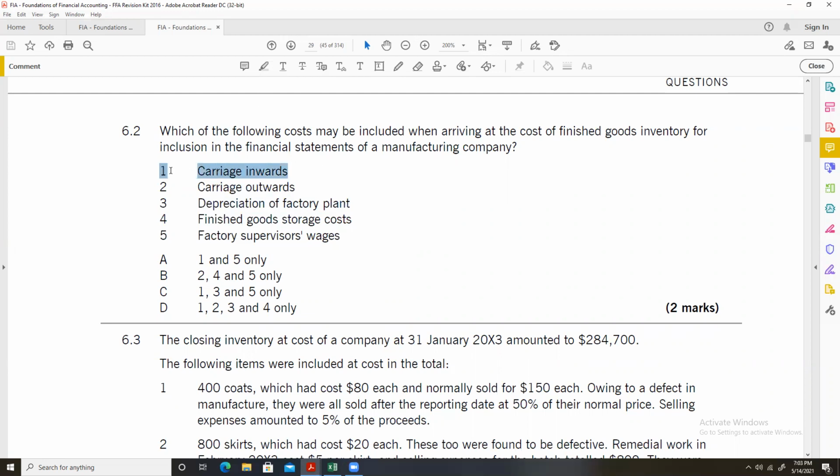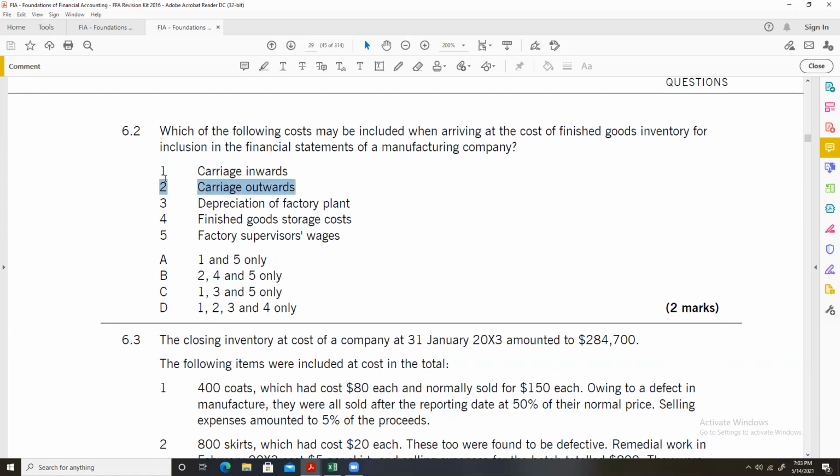Carriage inwards. Now this cost actually relates to the purchases, the materials purchased, and we normally add these costs to the value of materials that we purchase. That's why this is a direct cost, and this cost should be included in the values of inventories.